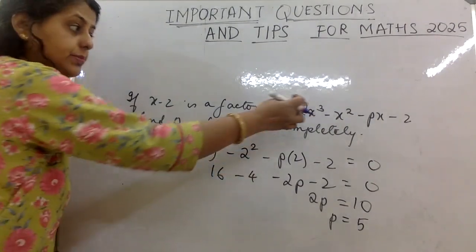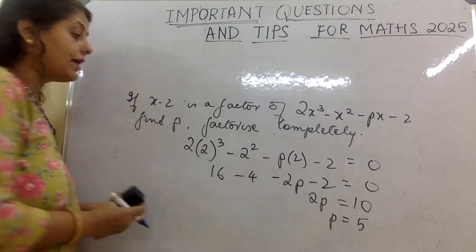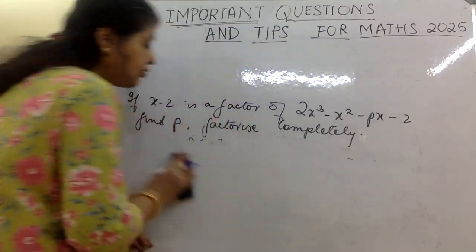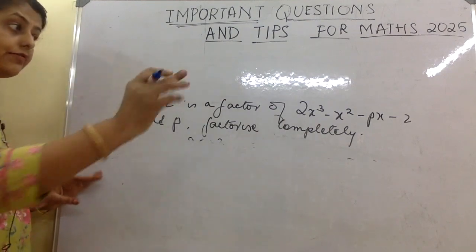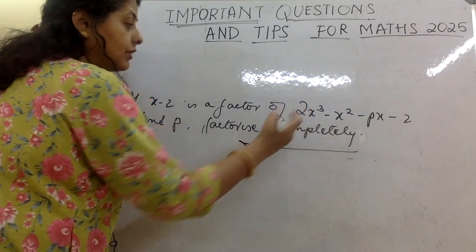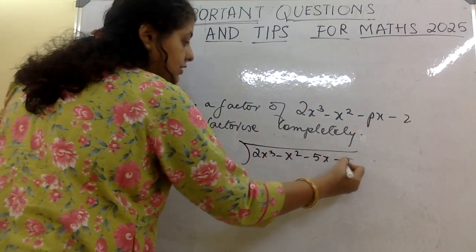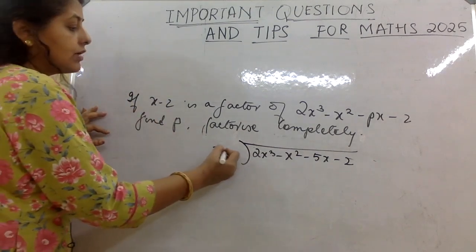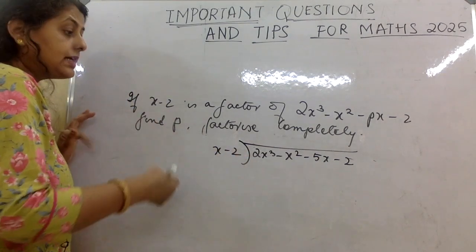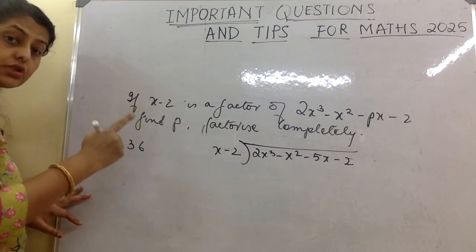What next? We'll substitute it here and then factorize completely. So how to factorize completely? Let me show you, because some people have doubt in this. We will put it here: 2x cube minus x square minus 5x minus 2. It is like if you have a number 36, one of the factors is 2, right?